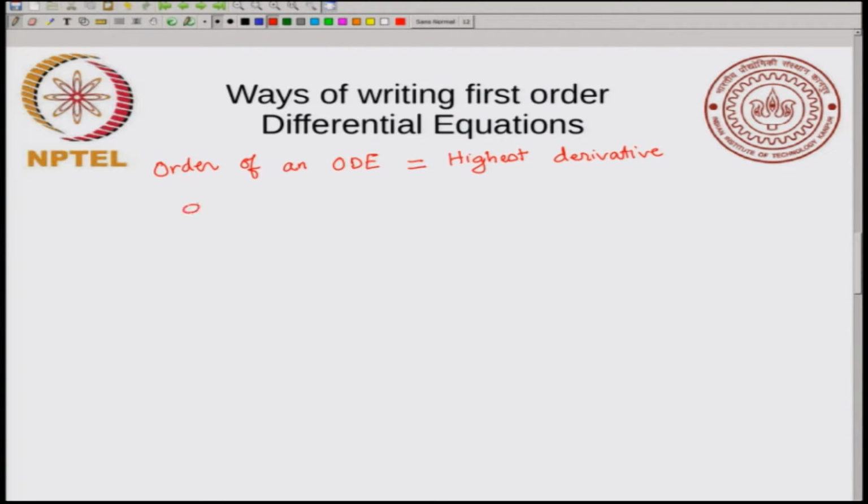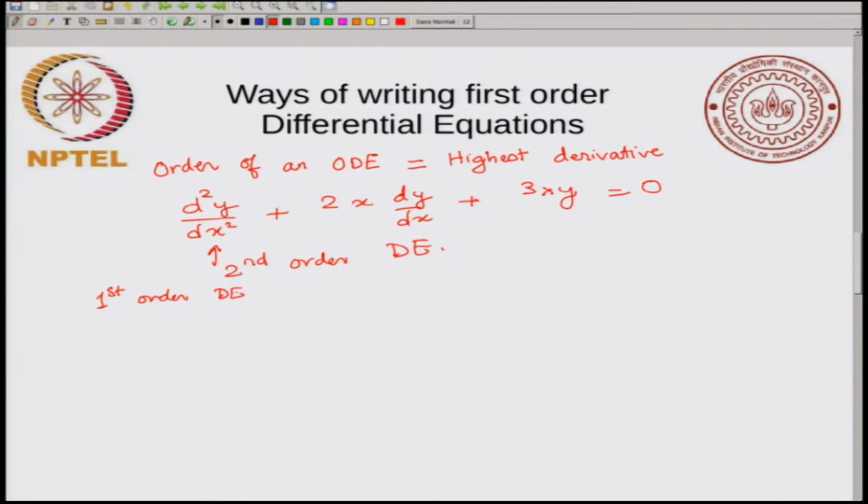So, for example, if you have an equation that looks like d square y by dx square plus 2x dy by dx plus 3xy equal to 0, then this is a second order differential equation. Okay. So, a first order differential equation implies the highest derivative is the first derivative.